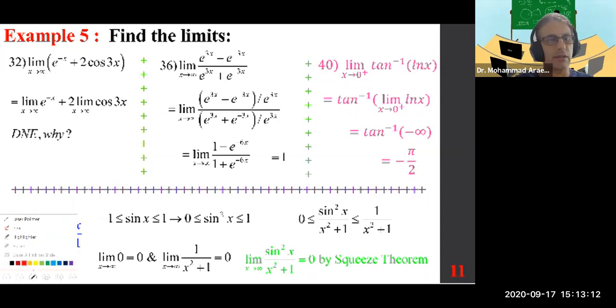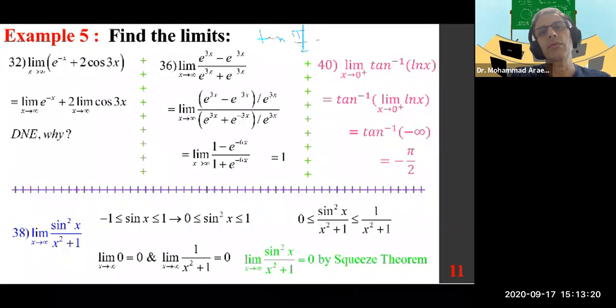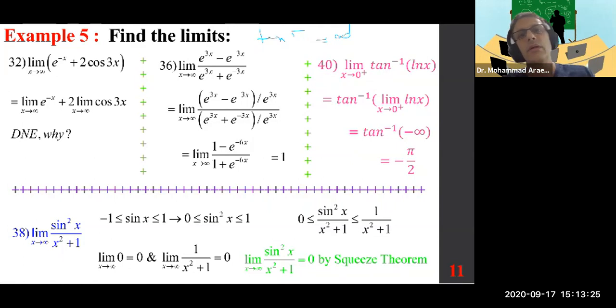Let's see. So recall, we say tan of pi over 2 is infinity. Okay, this is bleeding when I use this pen, sometimes it acts up.